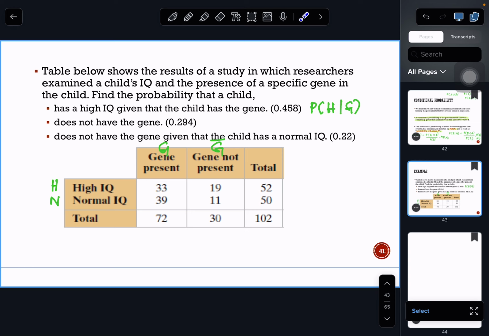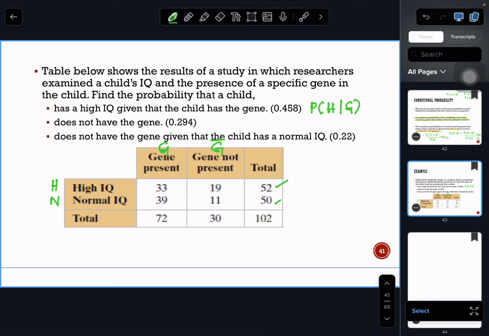Yes, basically we have 52 children with high IQ, and it doesn't matter whether the child has the gene present or not. We know we have 52 children with a high IQ. So what is 50?